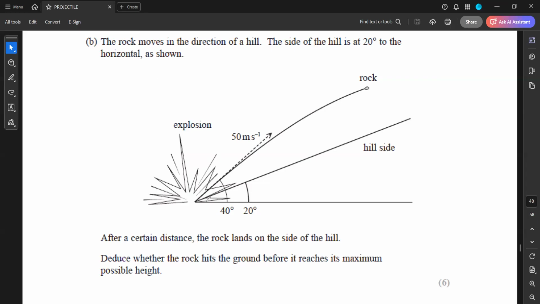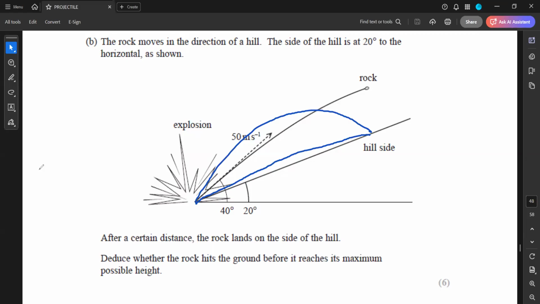Because what are the possibilities during an explosion? Maybe it does not reach the maximum height, but hits the hillside again. The trajectory might be like this, or it might be going up and then hit the hillside when it is going up.